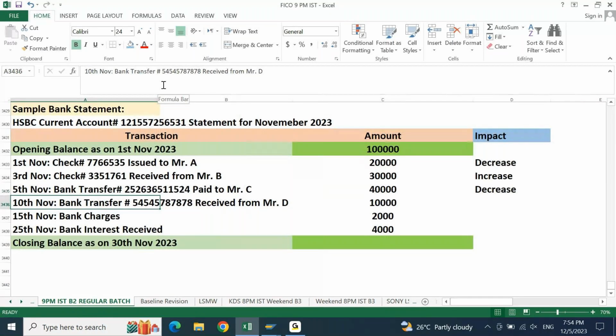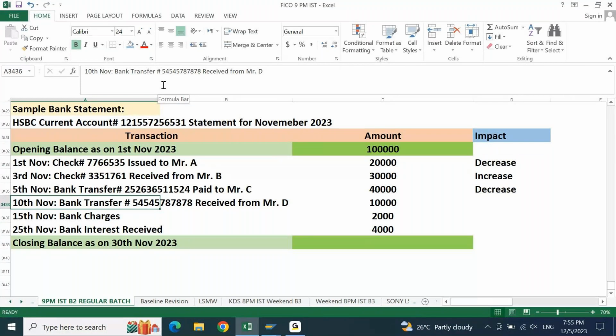Next one, I am writing bank transfer received from Mr. D. Whenever you are receiving a bank transfer payment from any customer or from any source, this is again a receipt into your bank account. When you say this is a receipt into your bank account, any receipt in your bank account is going to increase your bank balance.